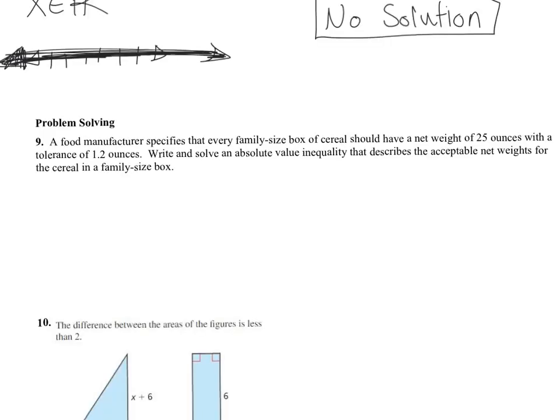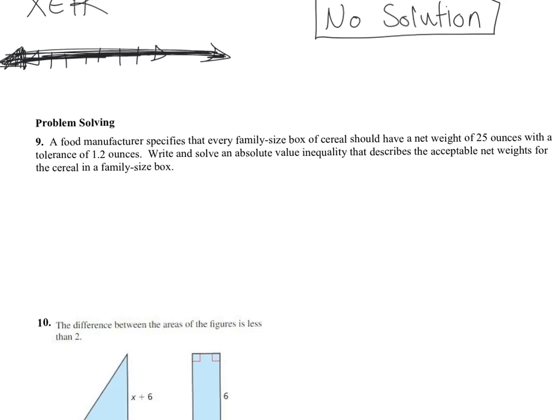Alrighty, so now let's take a look at a word problem where we're going to be using absolute values and inequalities. It says here for this problem solving, a food manufacturer specifies that every family-sized box of cereal should have a net weight of 25 ounces with a tolerance of 1.2 ounces. Write and solve an absolute value inequality that describes the acceptable net weights for the cereal box in a family-sized box.